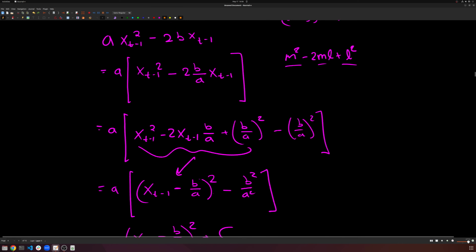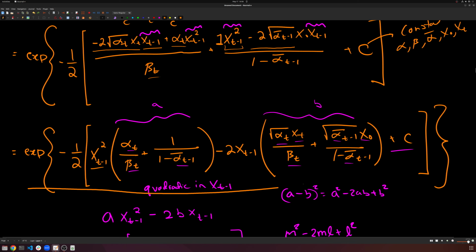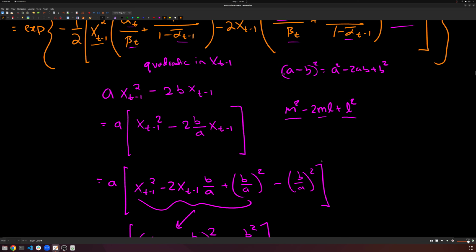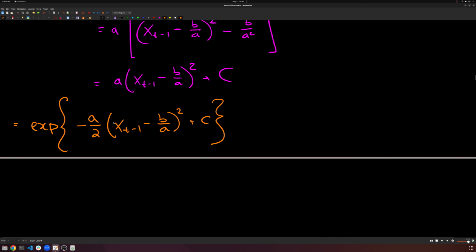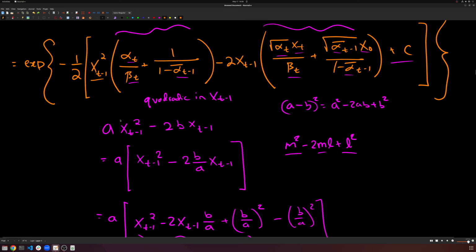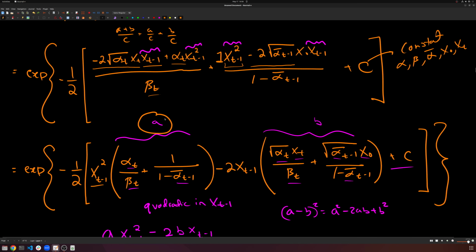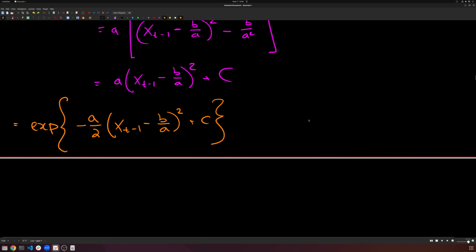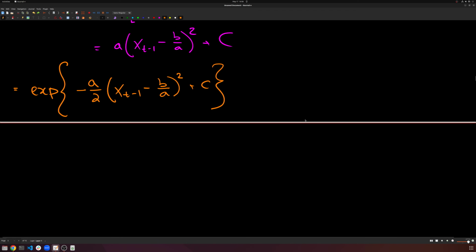So there you go. We rewrote all of this by completing the square. This is the a in our completed square, and this is the b in our completed square. What's left is to figure out what we had, but there's one more important step we need to do before that.